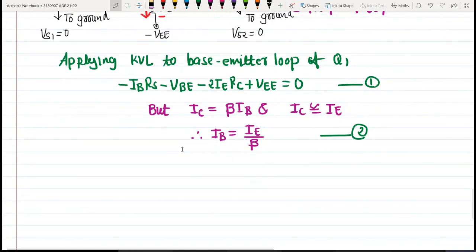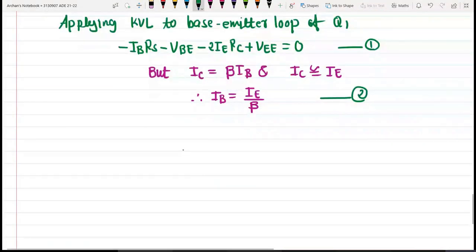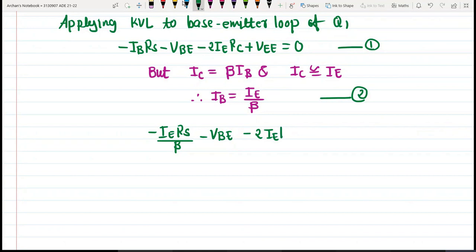Okay, so we will put this value of IB from equation number 2 in equation number 1, such that we will get minus IE RS upon beta minus VBE minus 2 times IE RE plus VEE equal to 0.